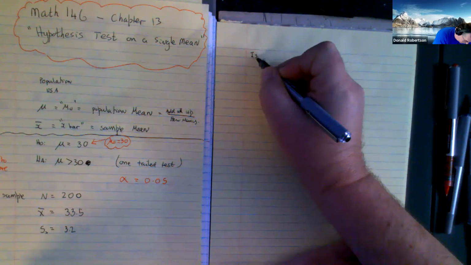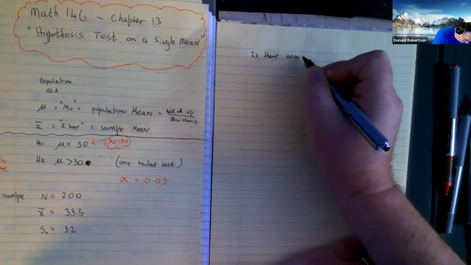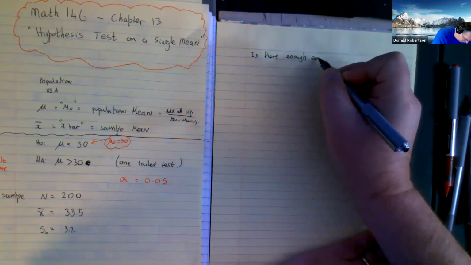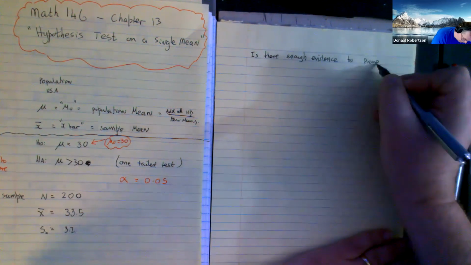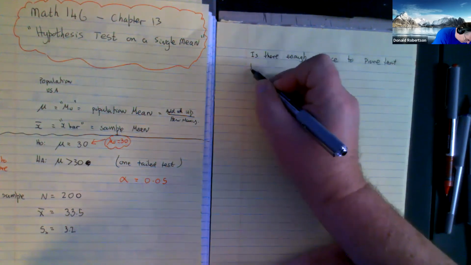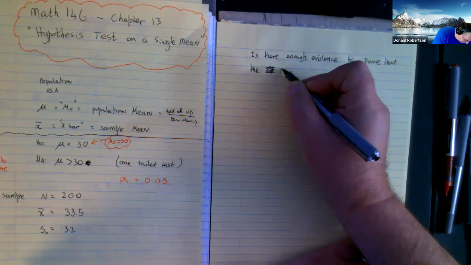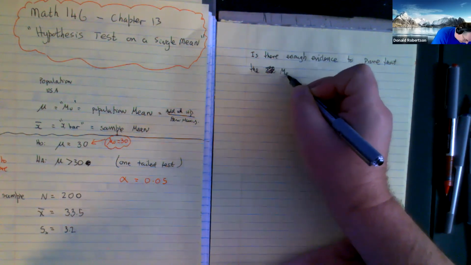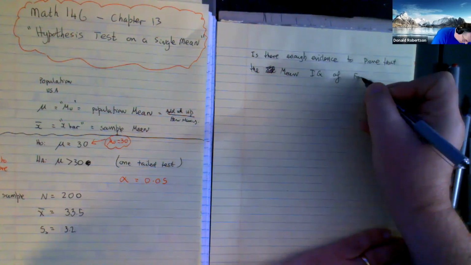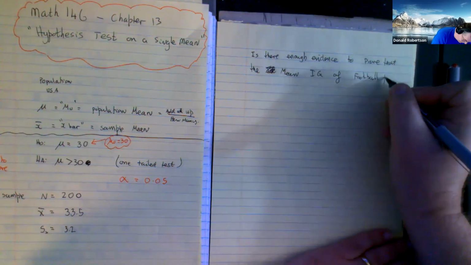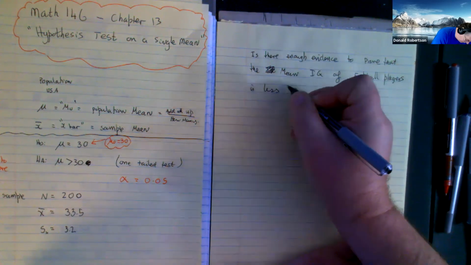So if someone went and said, is there enough evidence to prove that the mean IQ for football players is less than 95?